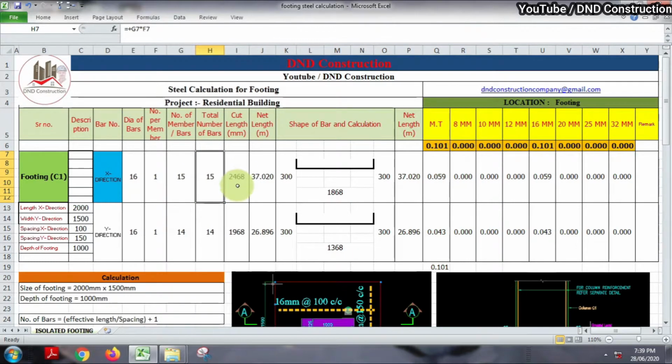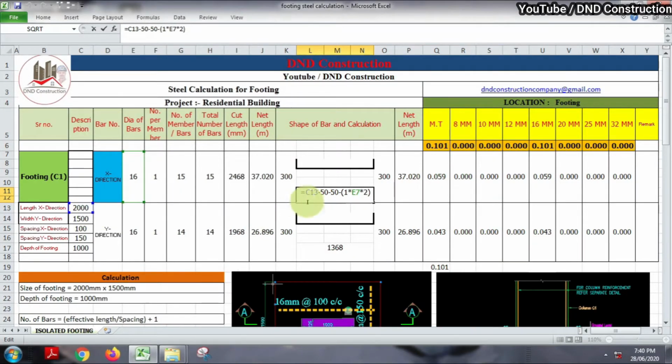For the cutting length, I have calculated it in this cutting length column. As you can see friends, this L, both side L is 300 mm. So I have kept 300 here, 300 here. And along the X direction, this formula, as you can see, C30, the X direction length is 2 meter. So this is 2 meter.